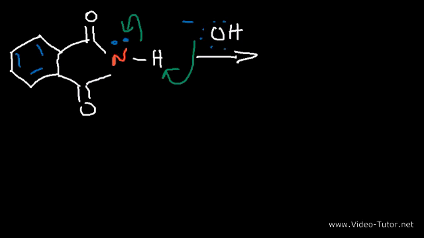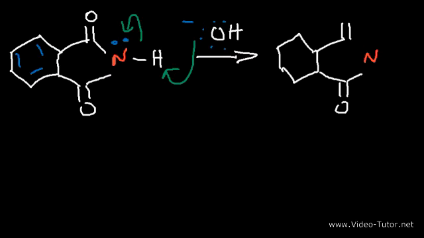Once we do that, we're going to get an intermediate that looks like this. The nitrogen is going to have 2 lone pairs, and so it's going to bear a negative charge. The reason why the hydrogen is acidic is because the conjugate base is relatively stable. It's stabilized by 2 carbonyl groups.